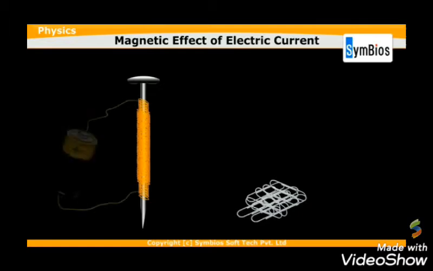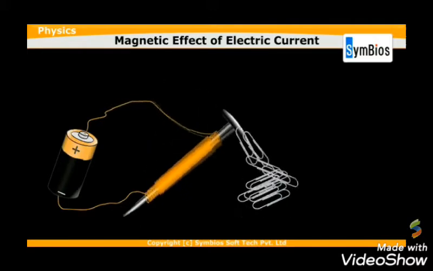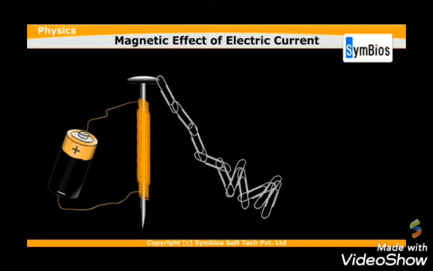But when the ends of the copper wire are connected to a battery and this setup is brought near the paper clips, it will attract the paper clips. It is attracted. Isn't it amazing, children?